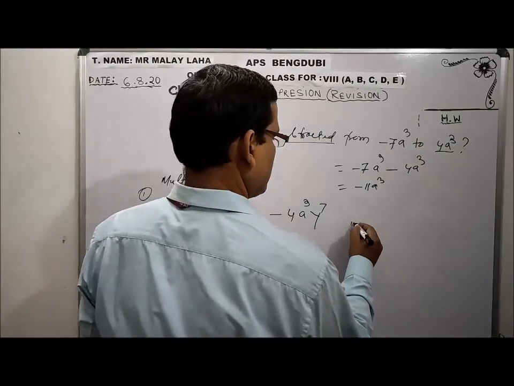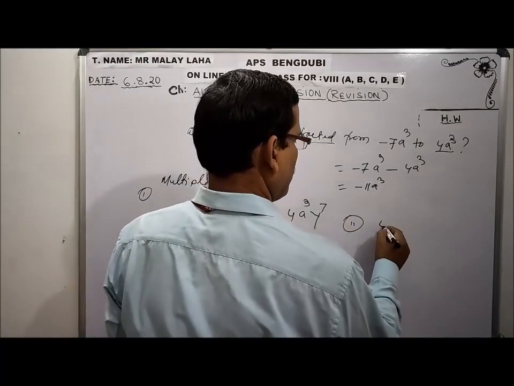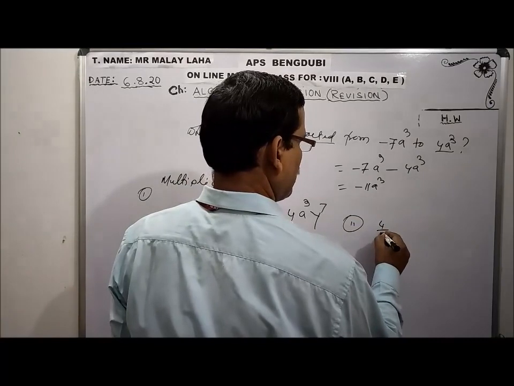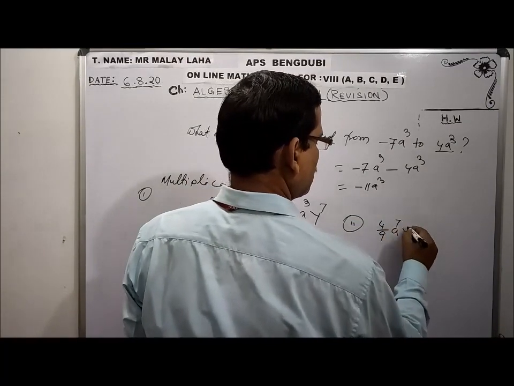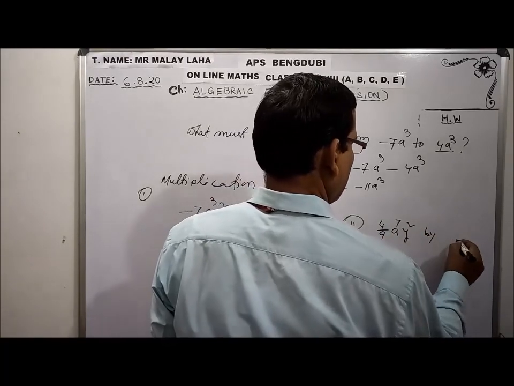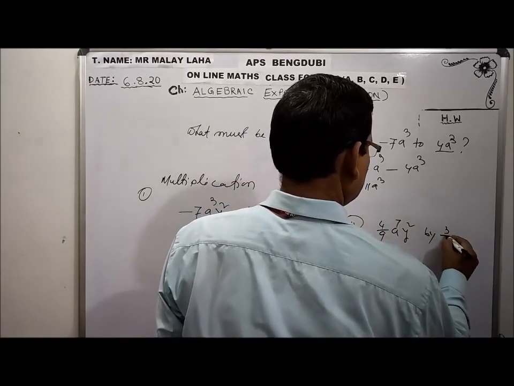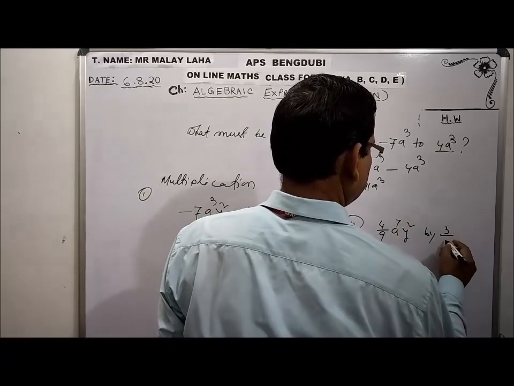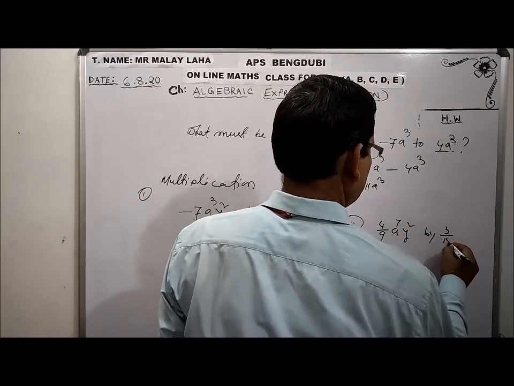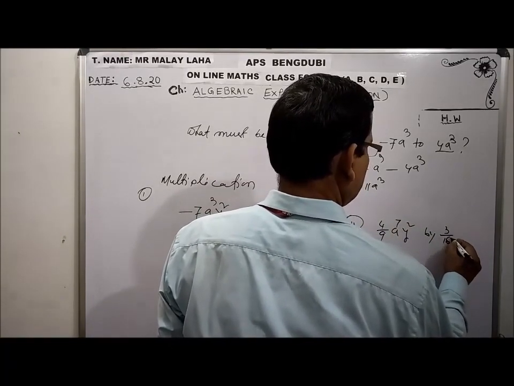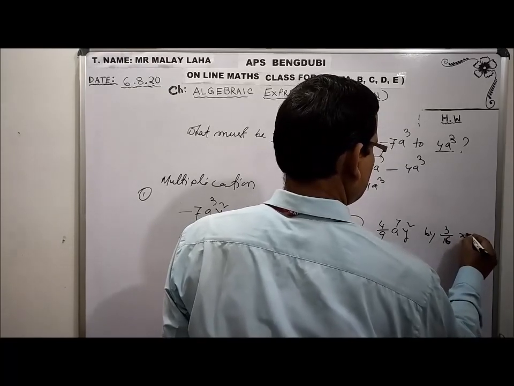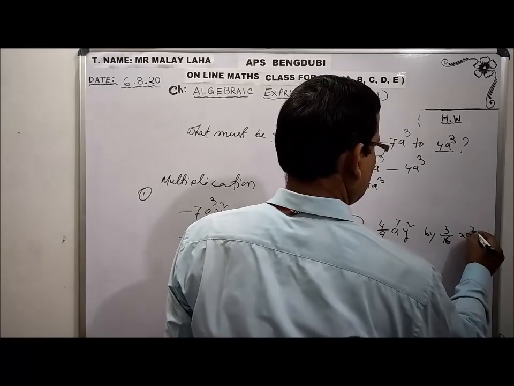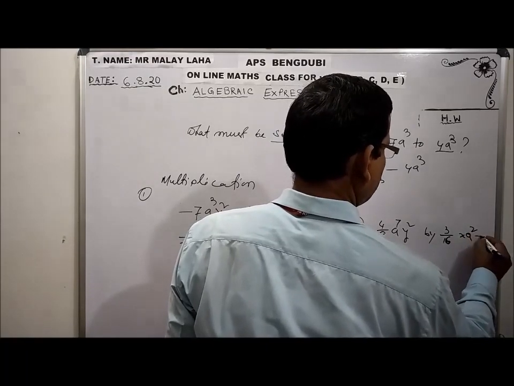Say another case: 4/9 x^7 y^2 by minus 3/16 x a to z.